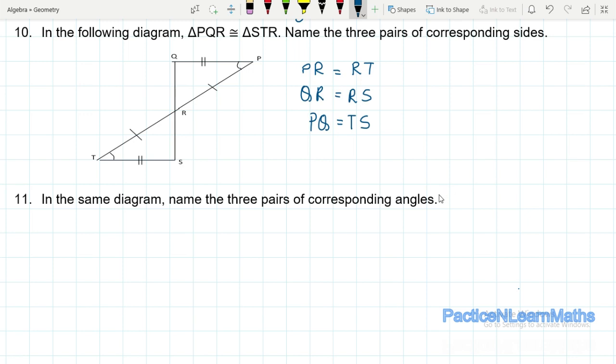That's it. Now in the same diagram, name the three pairs of corresponding angles. That's question number 11.